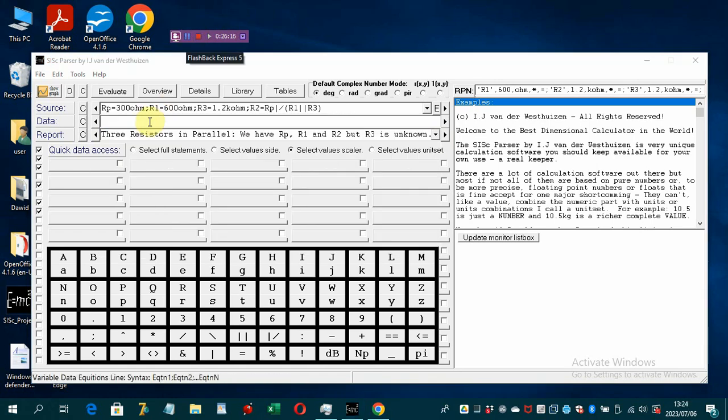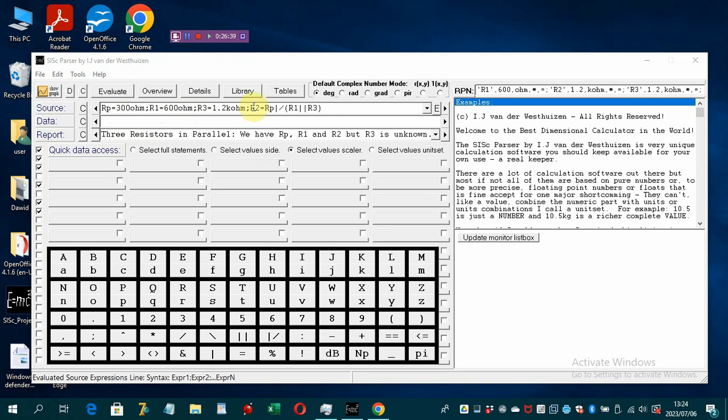In this case, we have three resistors in parallel. We know the parallel resistance Rp is 600 ohm. We also know R1 is 600 ohm and R3 is 1.2 kilo ohm. But we don't know R2, so we have to calculate it.